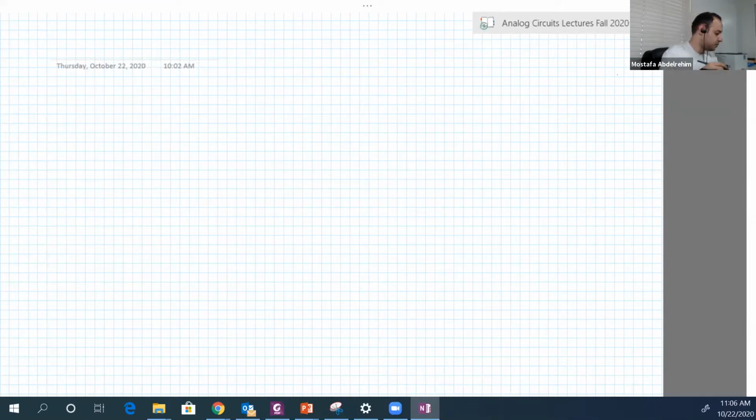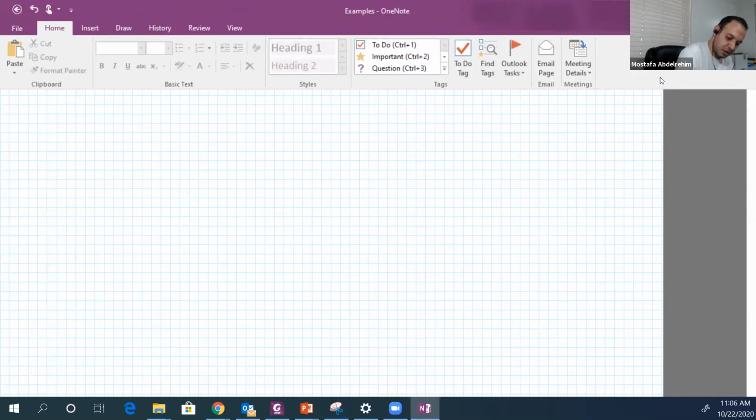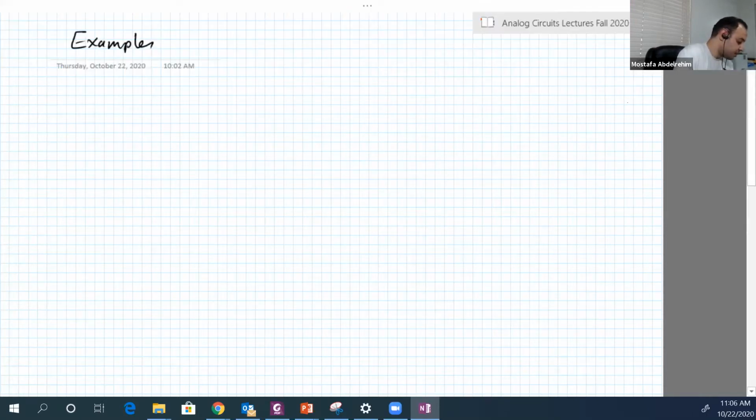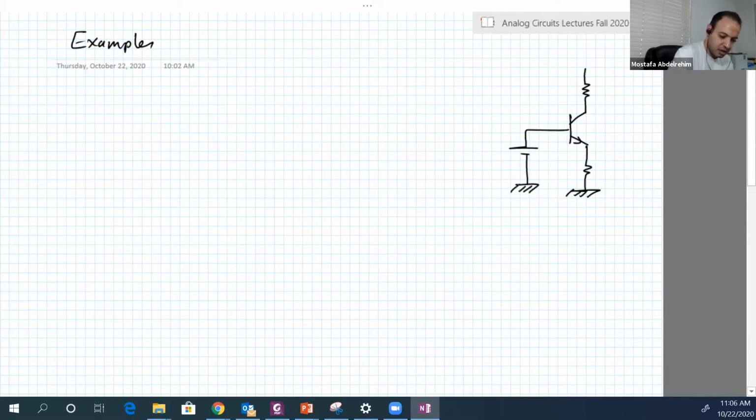Let's have examples now. I will also do this example with the equivalent circuit, but then I will not use it. But it's for you. If you find it cumbersome to use the circuit with the original symbol of the transistor, use the equivalent circuits. So we have here some resistors.